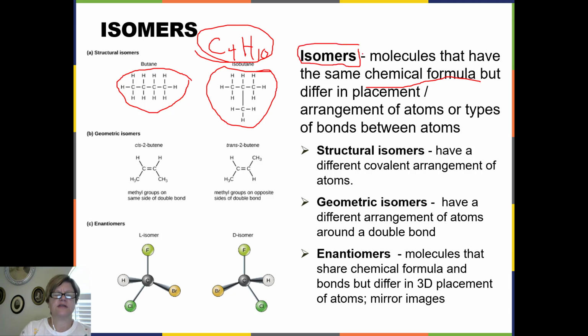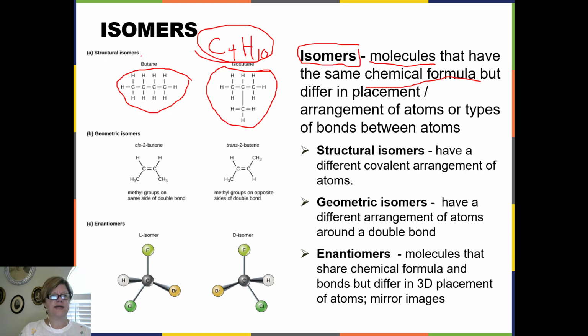Now we talked about something called isotopes earlier. Isotopes are when you have different atoms, not molecules, atoms, that have different numbers of neutrons, so one is heavier than the other. Don't confuse that with isomers. Isomers are molecules, not individual atoms, but entire molecules that have different arrangements or shapes.